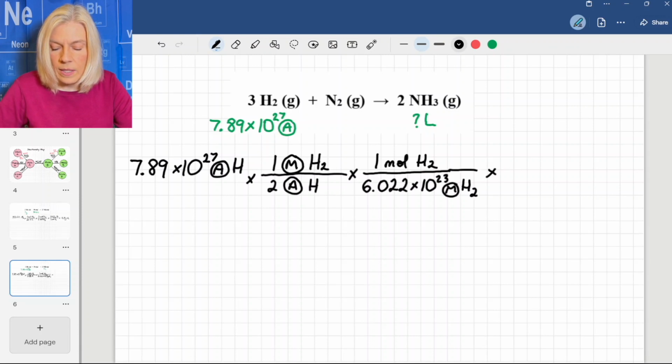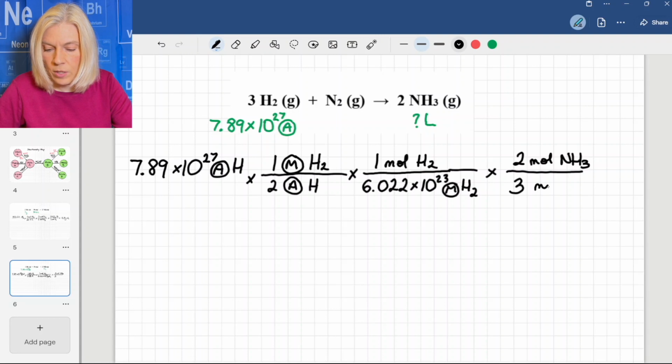All right, now we're going to do our mole to mole ratio. So there is 2 moles of ammonia per every 3 moles of hydrogen. Okay, times, oh, we have to squeeze this in, times 22.4 liters of ammonia per every 1 mole of ammonia.